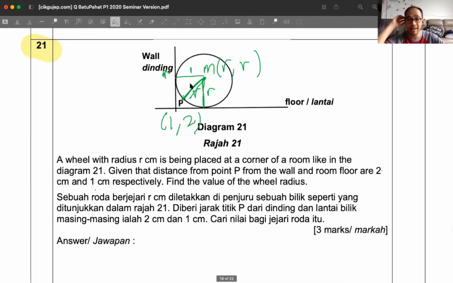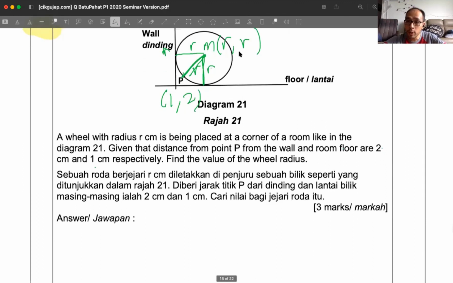Think about it. This is the radius, therefore the distance here is R, so the x coordinate is R. This is also a radius, so the height is also R. And the distance between M and P is also the radius.